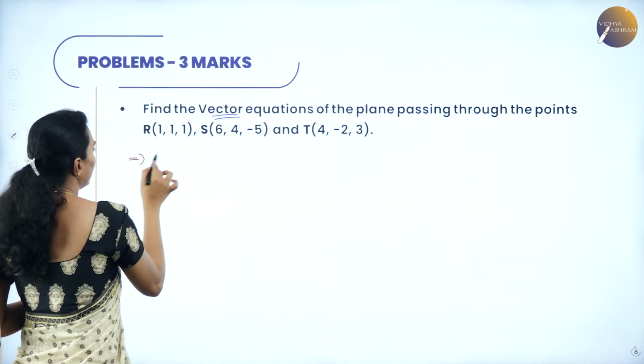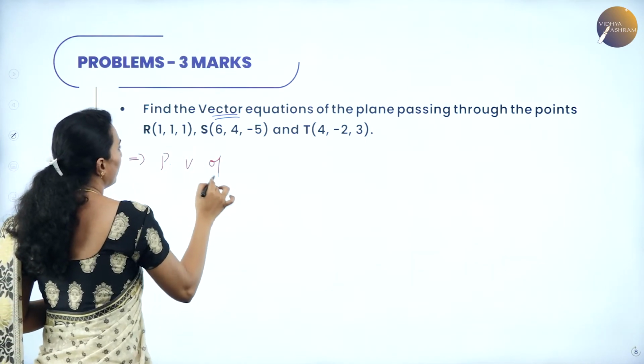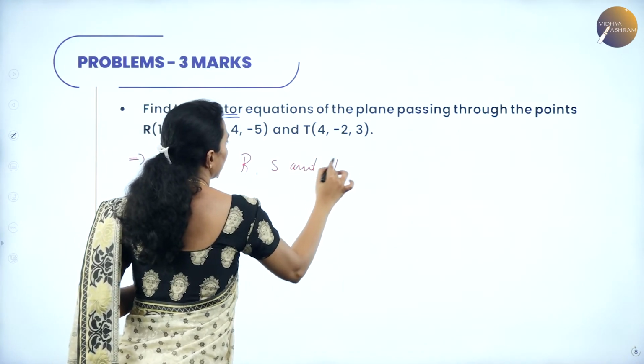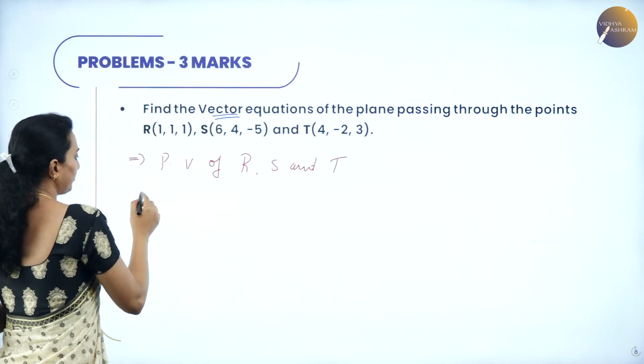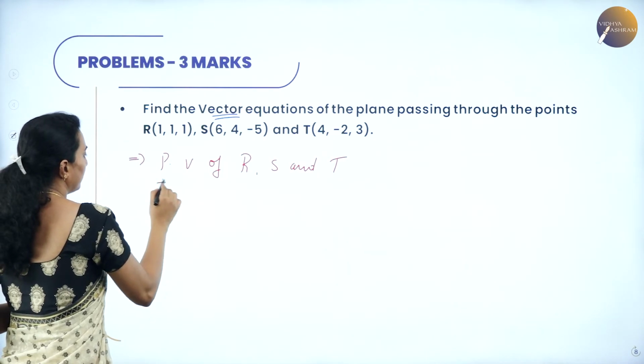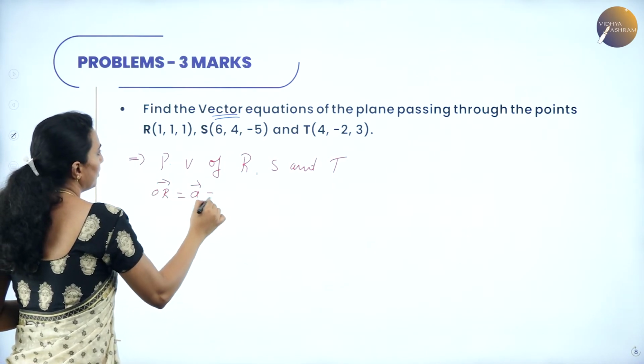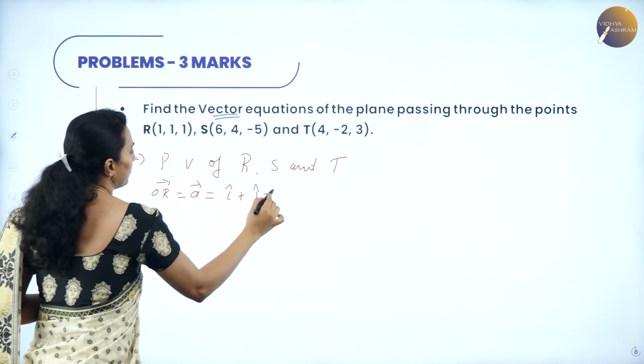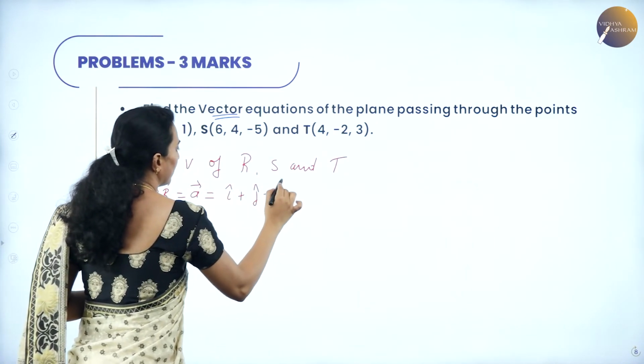Now they have given the position vectors of R, S and T. OR vector, which is nothing but A vector, is 1 into i is i, plus 1 into j is j, plus 1 into k is k.